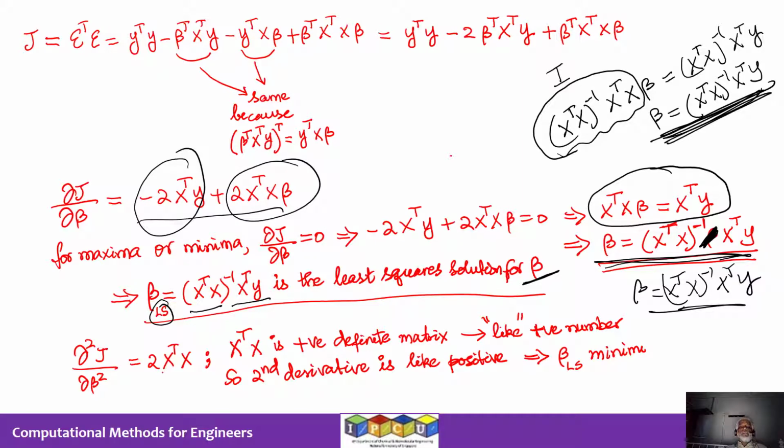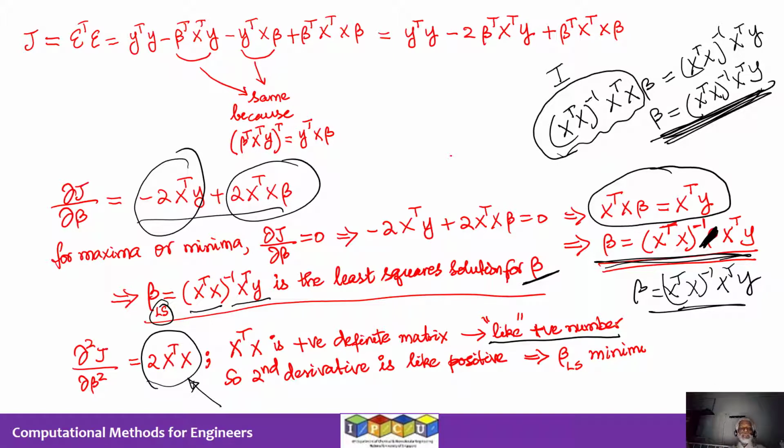And 2x transpose x is like a positive quantity because this is a positive definite matrix, etc. That goes a little beyond the scope of this course. But please understand this is equivalent to a positive number when we work with scalar functions. Here we are working with vectors and matrices, so it's slightly different. So this x transpose x matrix is called a positive definite matrix. So it is like a positive number.